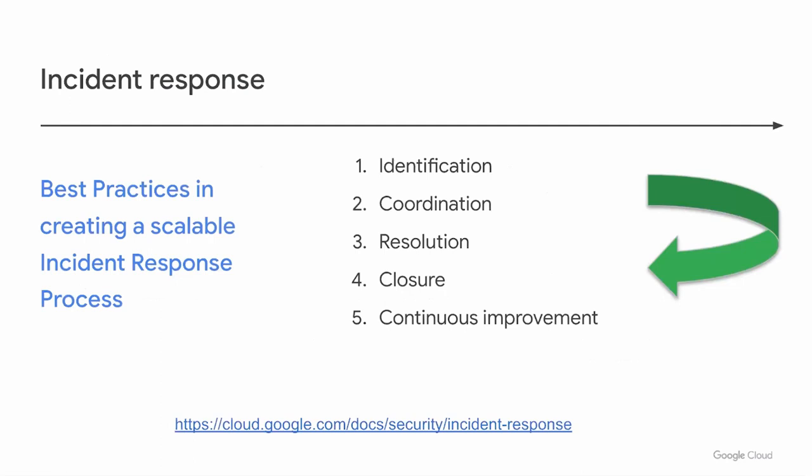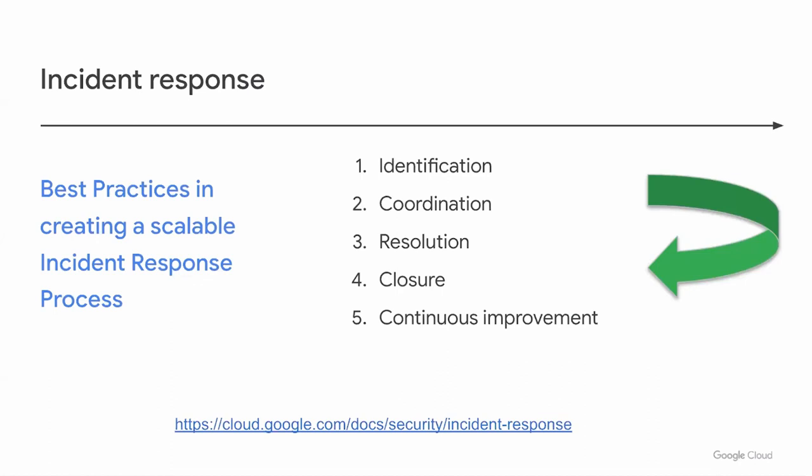I have them listed on the slide. And so the first is identification, right? The main goals here are detection and reporting. Those include both automated as well as manual processes. Next is coordination. It involves triage and response team engagement.